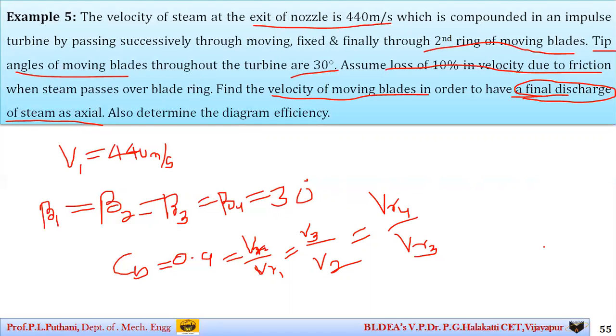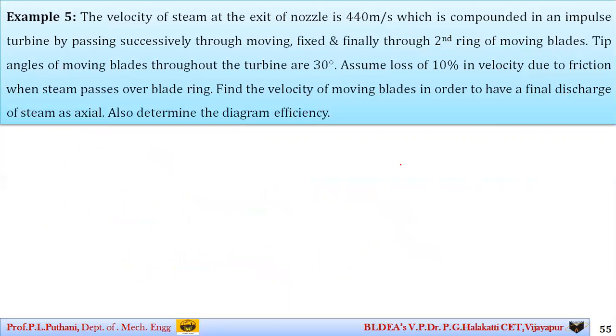And he says this final stage is axial in nature, which means V4, the final discharge, is axial, which means V4 is equal to VF4. This is an important point. These are the given conditions in this particular problem, students. So I will just give you some points and help you out here.